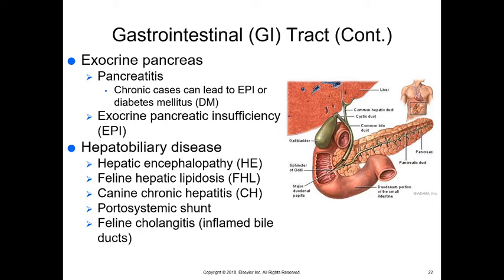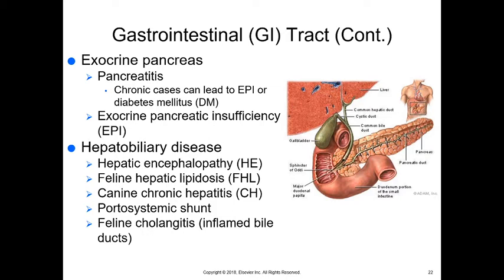A portosystemic shunt, if you know what the liver does, it filters out toxins from the digestive tract, or byproducts of the system, and the blood flow has to go through the liver in order to do that. With a shunt, the blood will shunt around the liver and not get filtered.